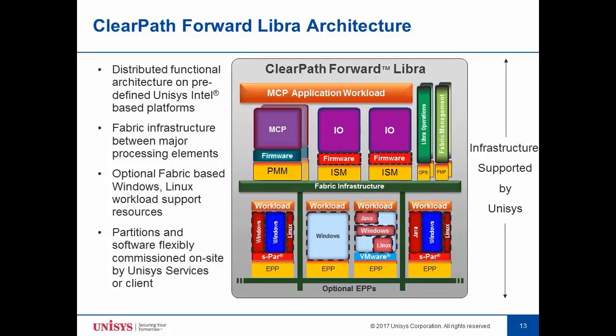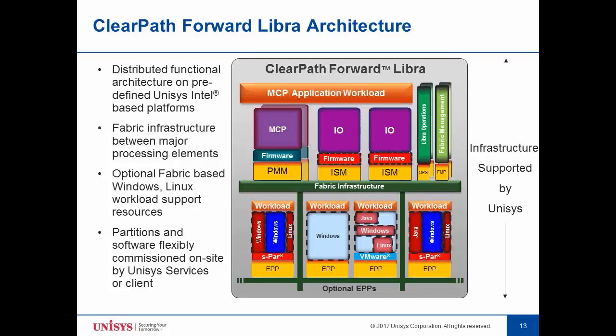And with the ClearPath Forward systems, a fabric extension of up to 12 individual platforms is available to support multiple Windows or Linux operating systems. Now, the partitions that are part of the Windows and Linux environments are things that can be commissioned on the fly, either by Unisys or through the client's capabilities.